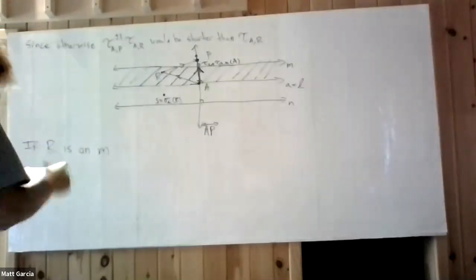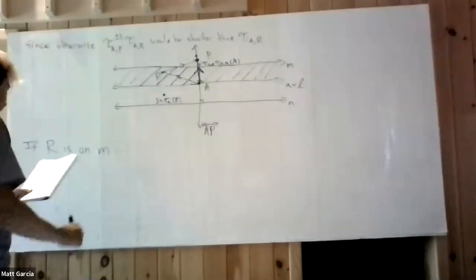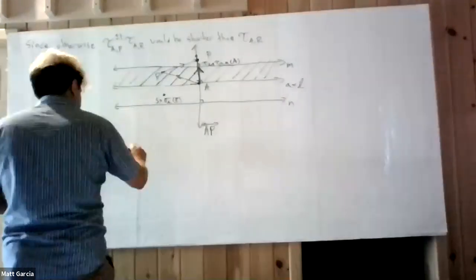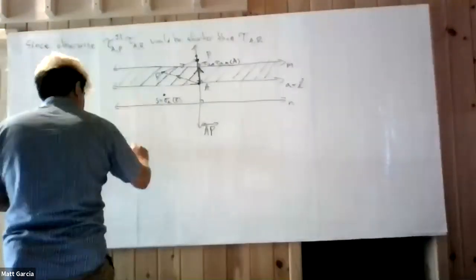Okay. If R is on the line M, then we have the following.